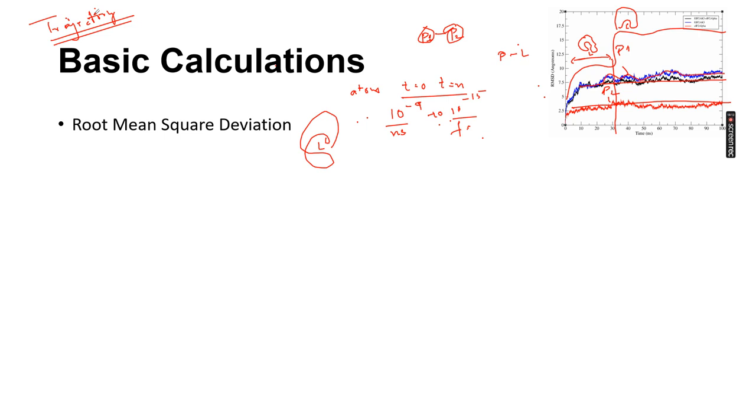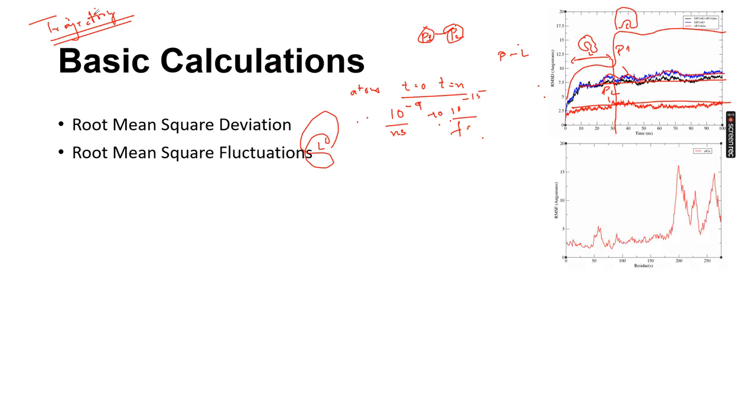Now we have another thing called root mean square fluctuation. The RMSD is about the whole protein, or the whole protein-ligand complex, but now you want to add some more data.